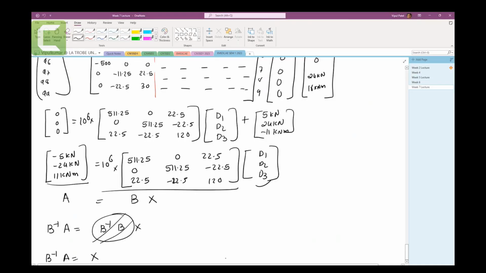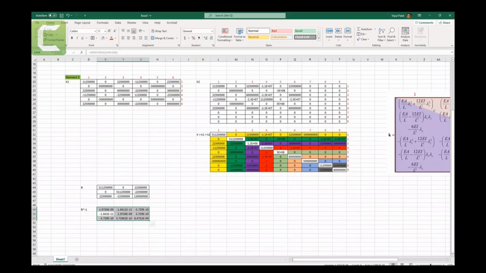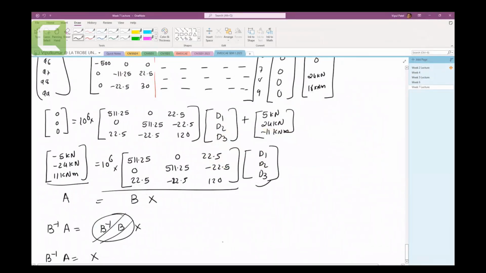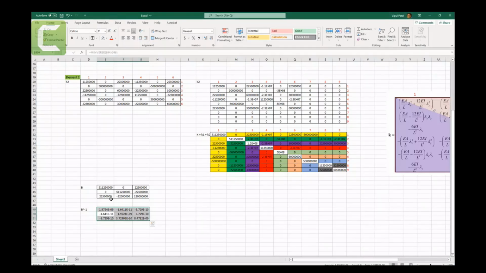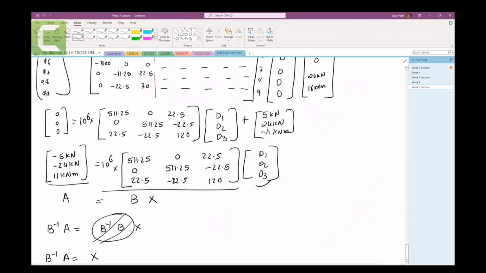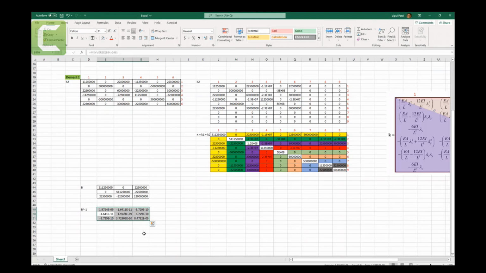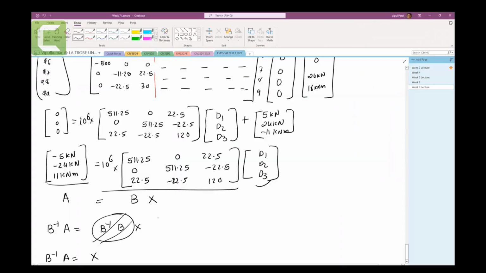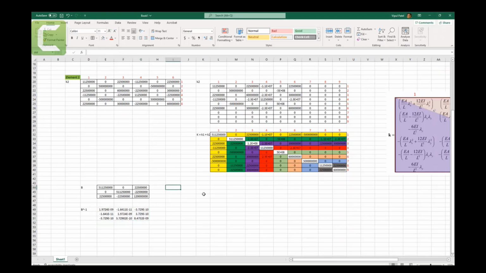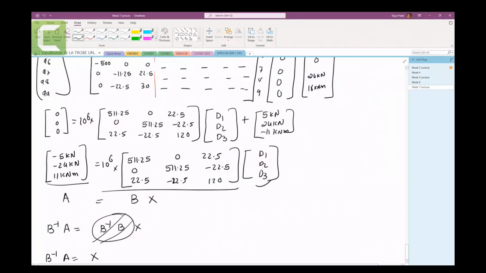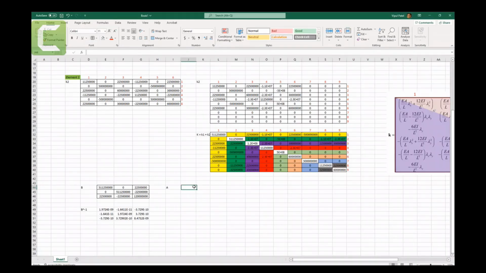So let me check the numbers here: 511, 0, 22.5; 511, 0, 22.5; 0, 511, minus 22.5; and 22.5, 22.5, 120. That is perfect. So B inverse is done, and next we need to multiply by A. There is a matrix A, so we can just write it here: minus 5, minus 24, and 11.